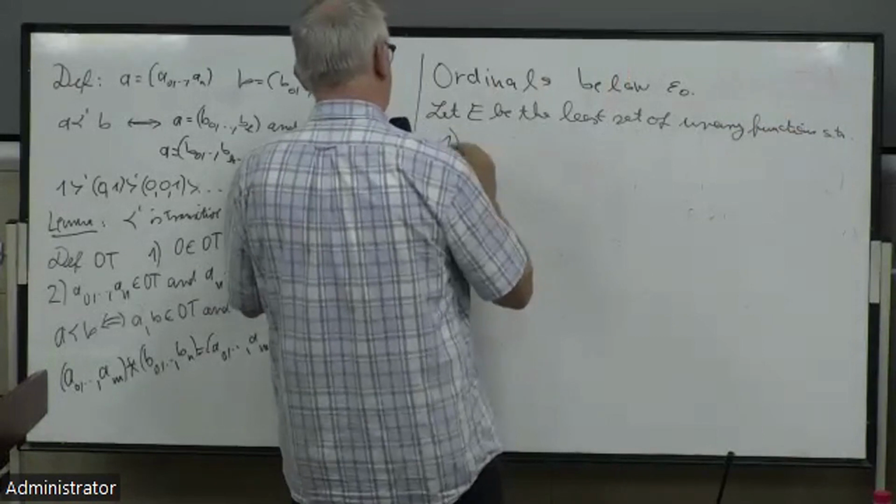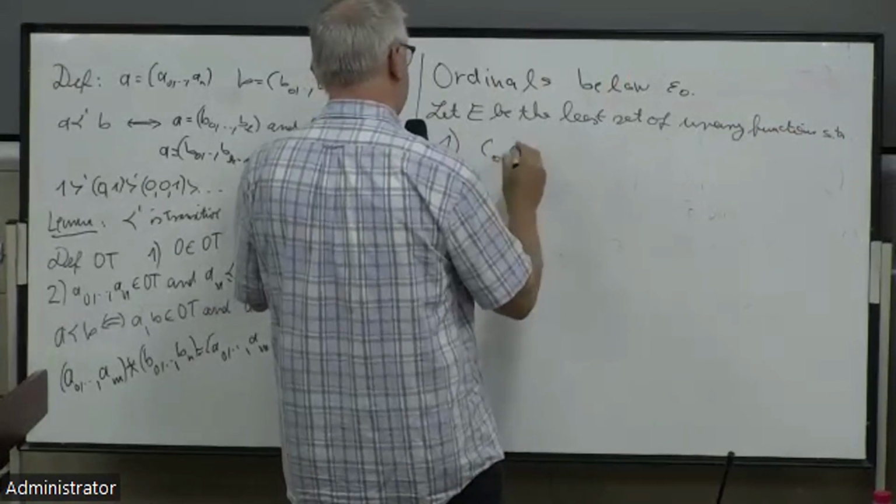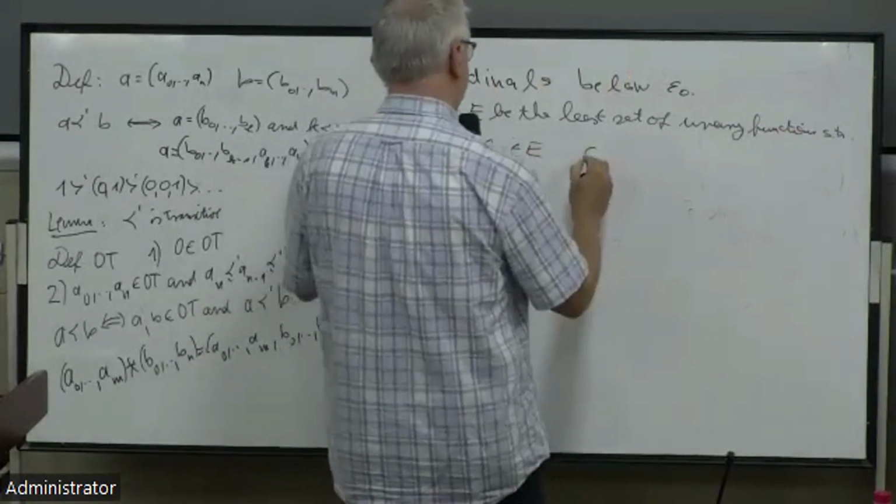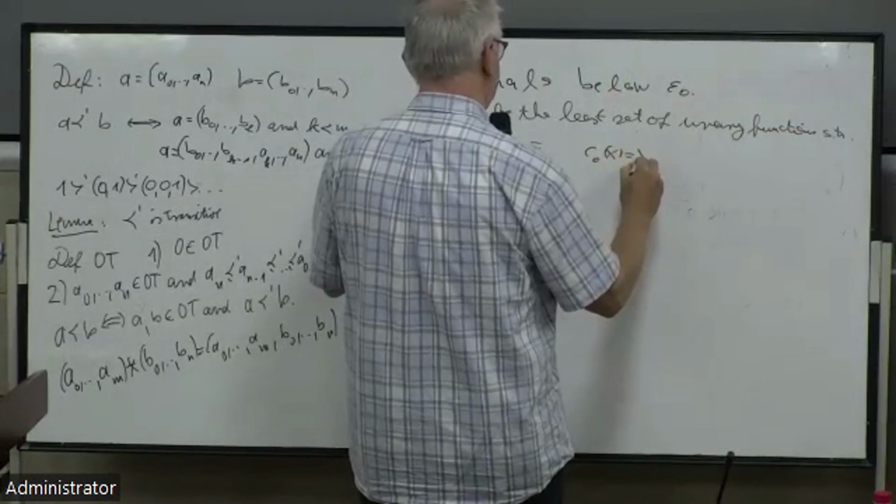first, the constant function C0 is in E, where C0 of x is equal to x.